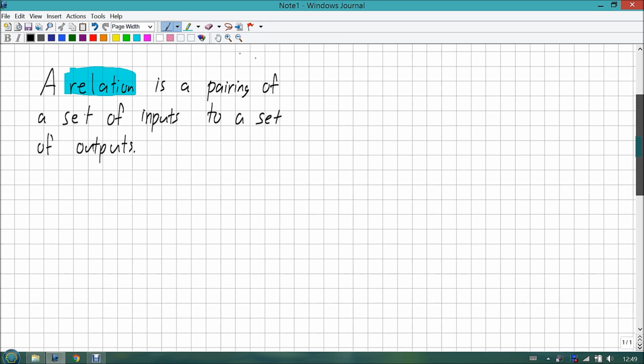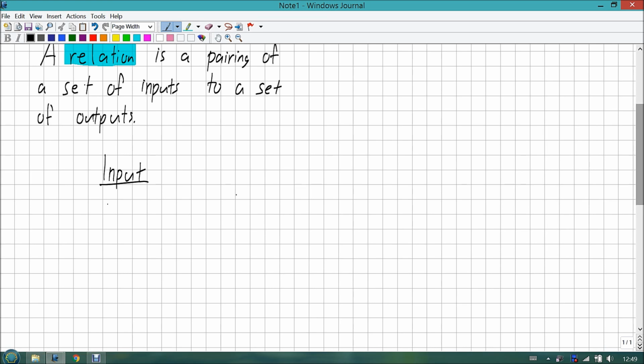For an example, let's say that we have a set of superheroes, and those will be our inputs. So we have input over here, and then we have our superheroes and their names. Let's see, what are some good superheroes? Spider-Man is pretty cool. So we got Spider-Man, Batman's pretty awesome.